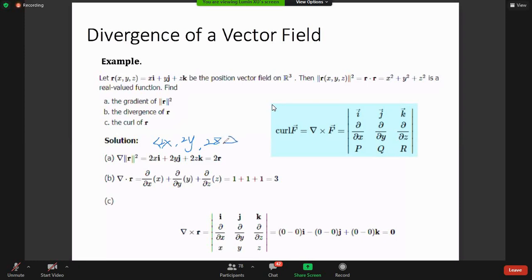So in fact, we can also write the vector in this form.